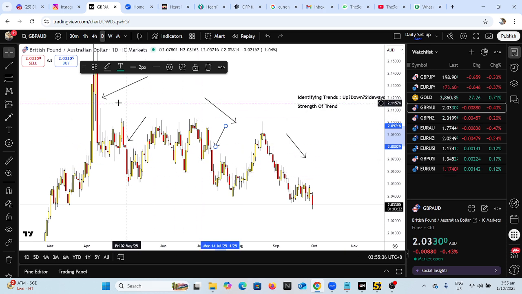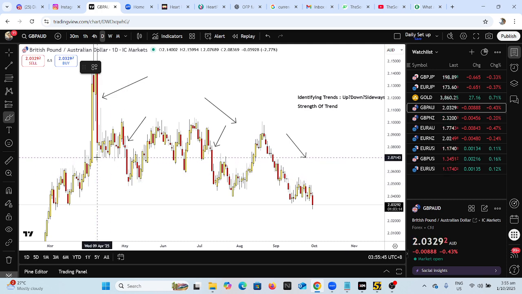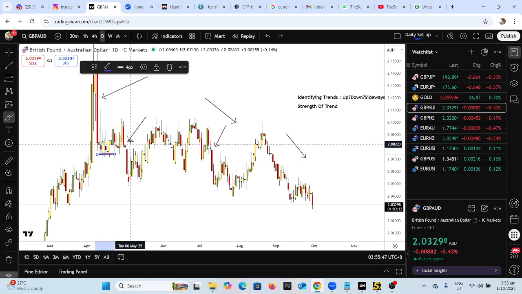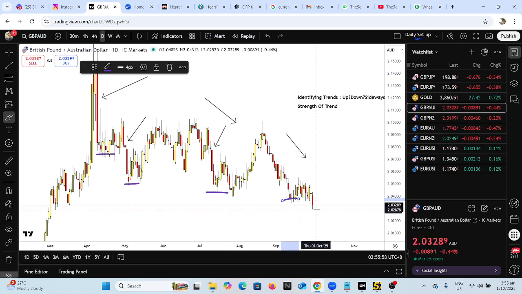With each of these moves, price goes into a lower low, and with this move a lower low, and with this move a lower low. So this is the general direction of the trend, and we know that the trend is towards the downside.